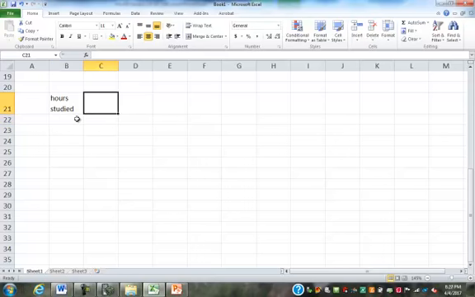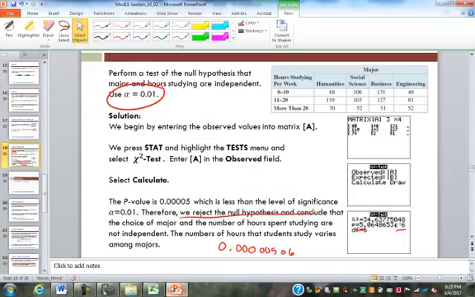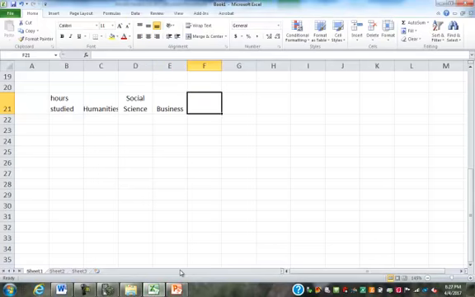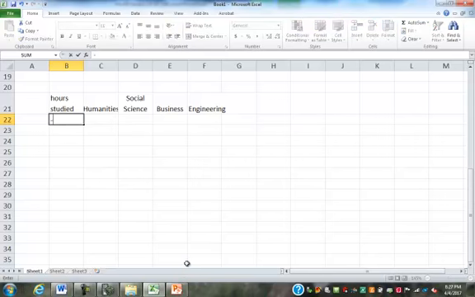And we're going to do majors: humanities, social science, business and engineering, and then our hours studied: 0 to 10, 11 to 20, and more than 20. I'm just going to put more than 20 because I don't have room there, but that's fine.